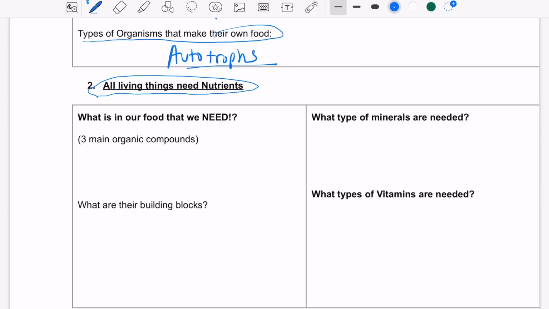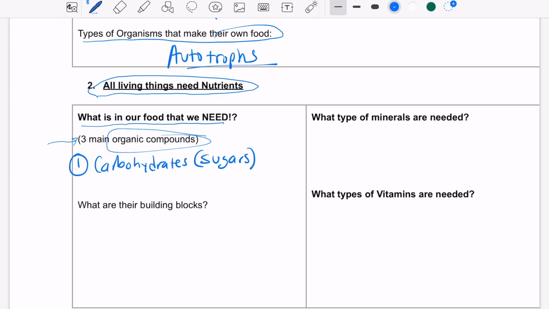So what are the nutrients found in food? There are 3 main organic compounds found in food. 1, carbohydrate. Carbohydrates are also known as sugars. An example of a carbohydrate is glucose.